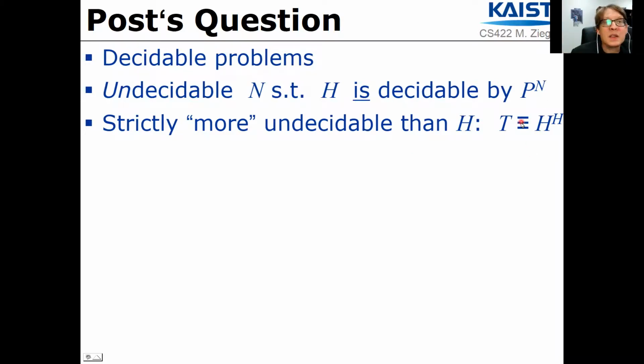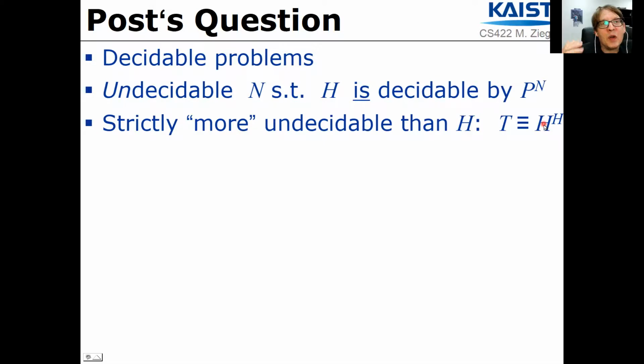And one can show and see that this is the same as the halting problem with oracle access to the halting problem. So that's a very subtle notion. That means the halting problem for while programs is whether the given while program terminates.